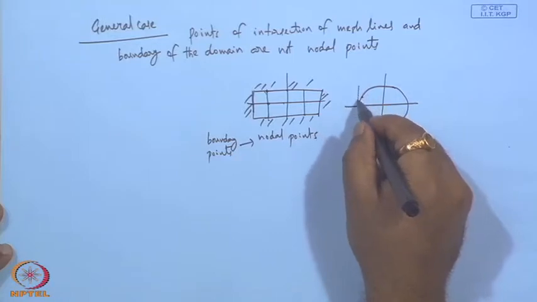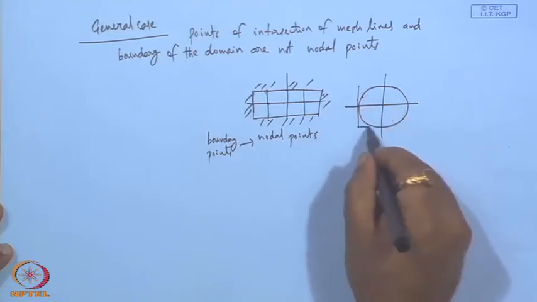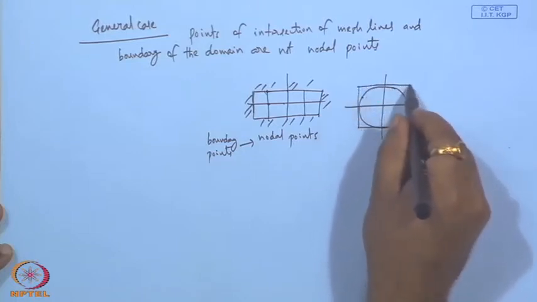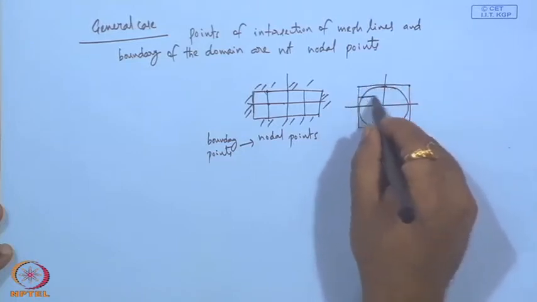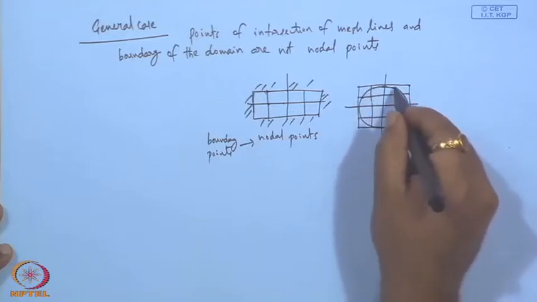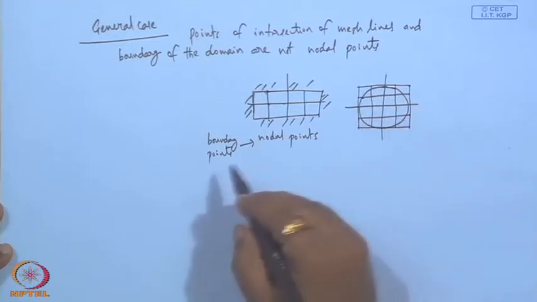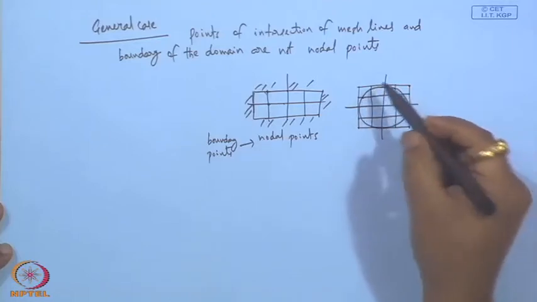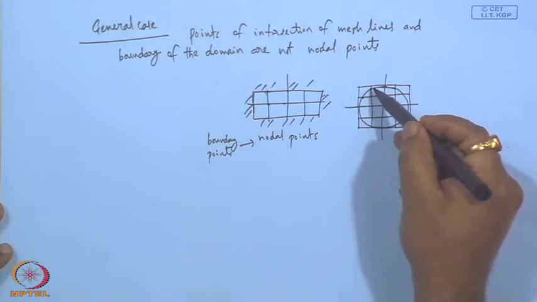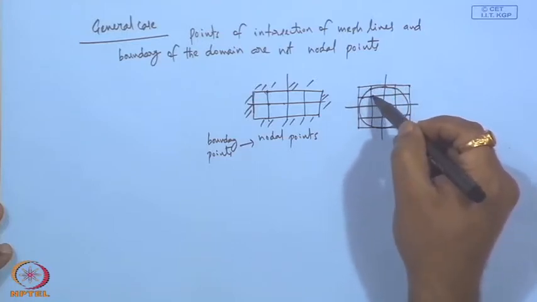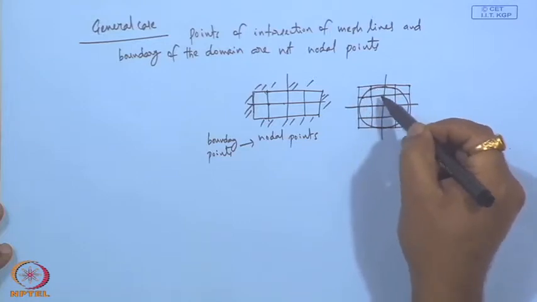Now, suppose we discretize. So, then what would happen? You can see clearly, this is a boundary point, but this is not a nodal point, because if we ask the discretized equation here, it expects these two values and these two values.